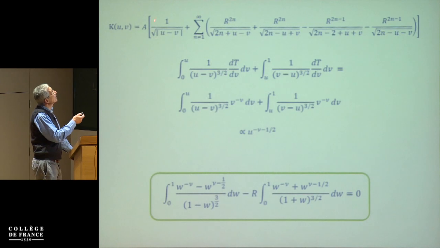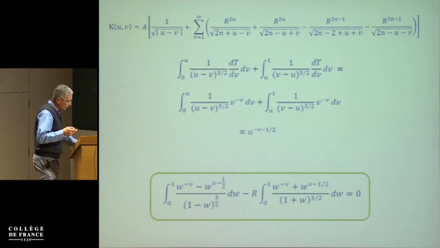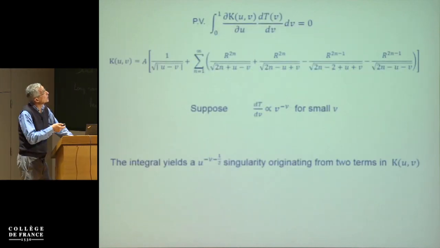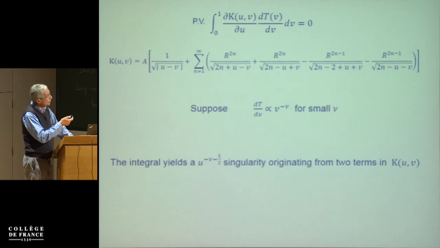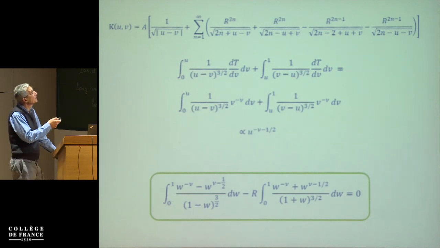For example, if you take this term only first, and look at the integral that comes only from this term, the integral you have to calculate is dk/du, and therefore, if k is this, the derivative gives you power 3/2.